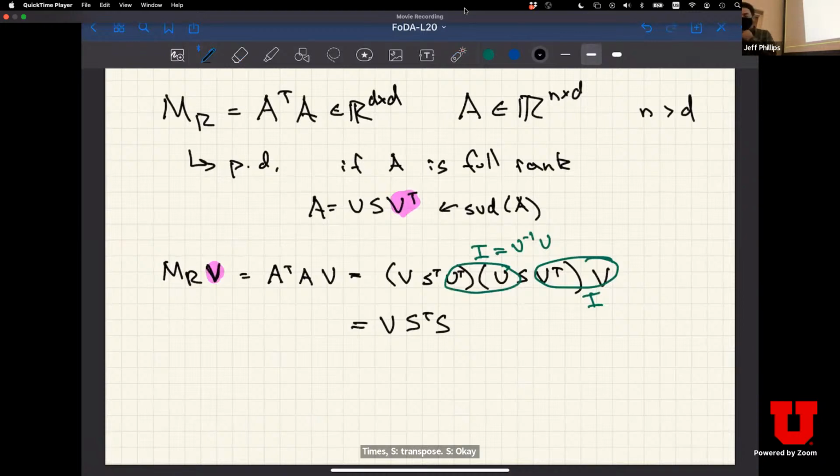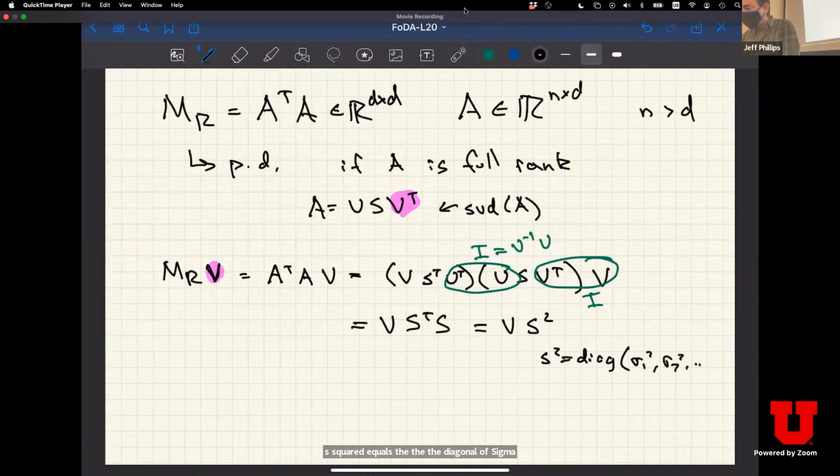Okay, and we're going to write this as V times S squared. Basically, all I'm doing is where S squared equals the diagonal of sigma 1 squared, sigma 2 squared, sigma d squared.